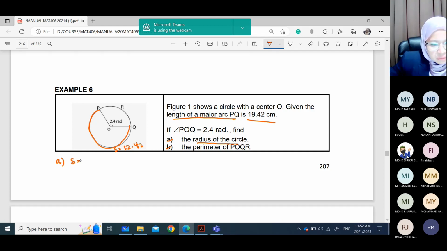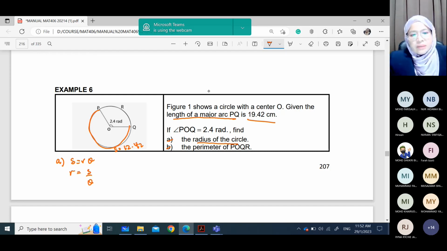So S, it is equal to R theta. So R, small r lah, senang. R theta, so R it is equivalent with S over theta. Okay, tapi be careful dia kata apa ni? Given the length of a major arc PQ is 19.42 cm.